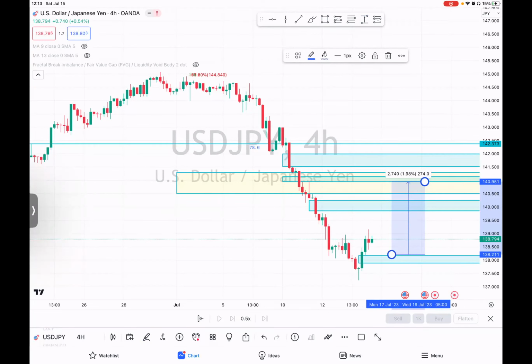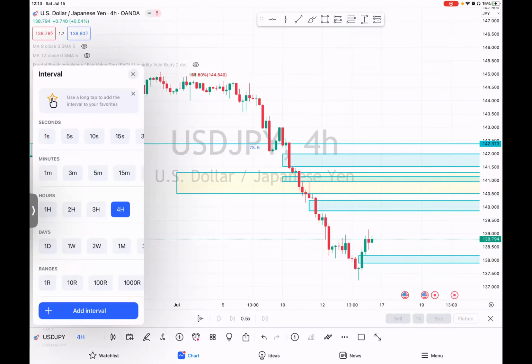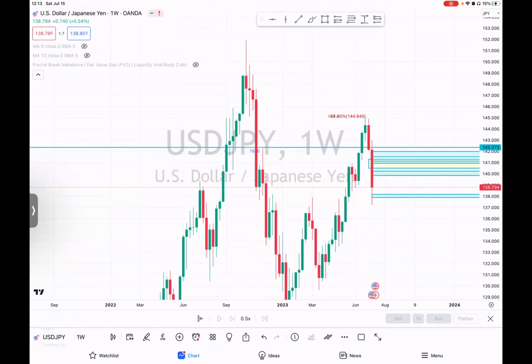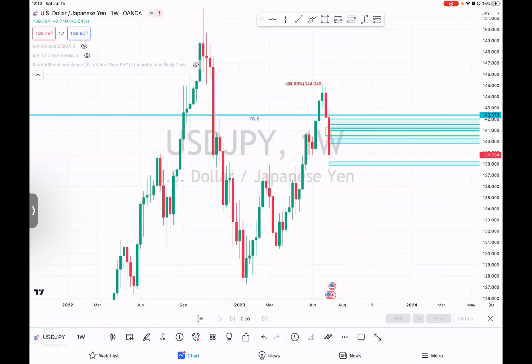Now, let's say it pushes up further than your zone. But before we talk about anything further than your zone, what I would really like to do is go back to the weekly chart so I can see where the zone falls on the bigger picture, and how much of an imbalance is going to leave if we just make it to your zone there.